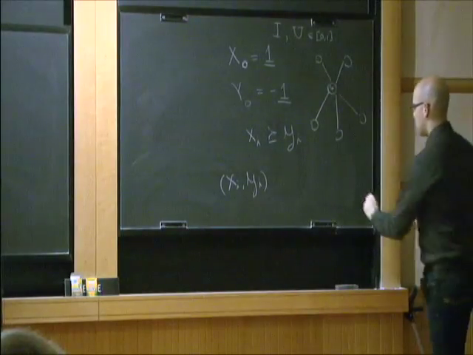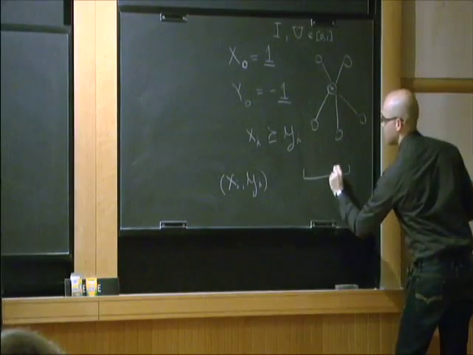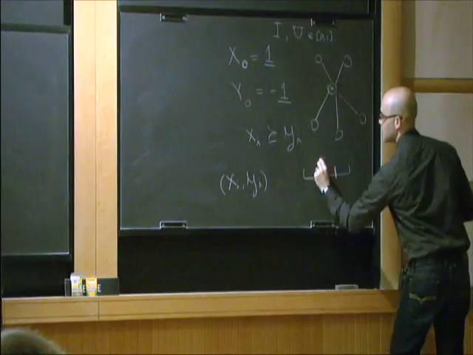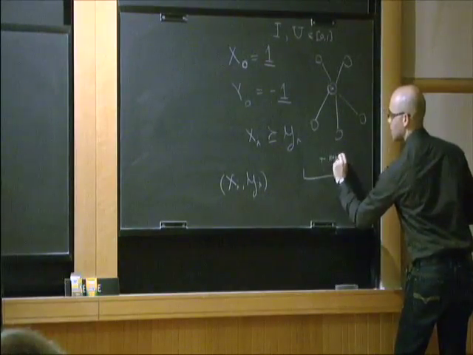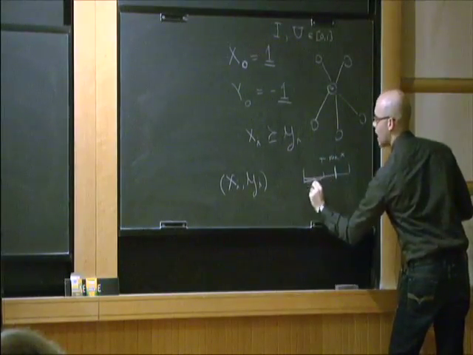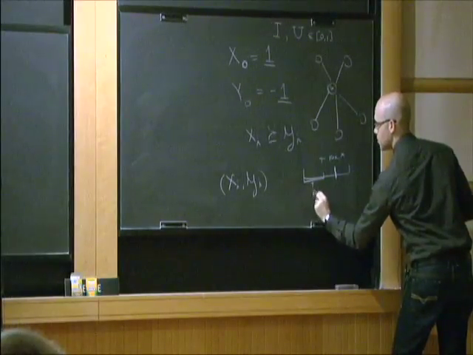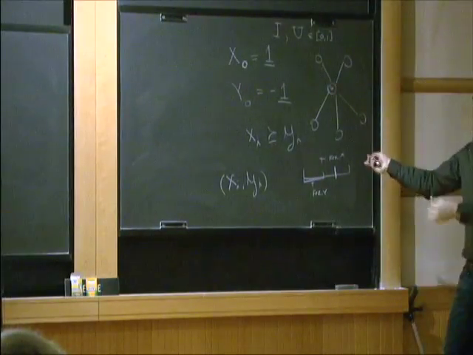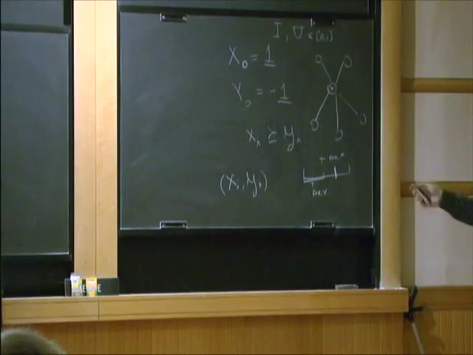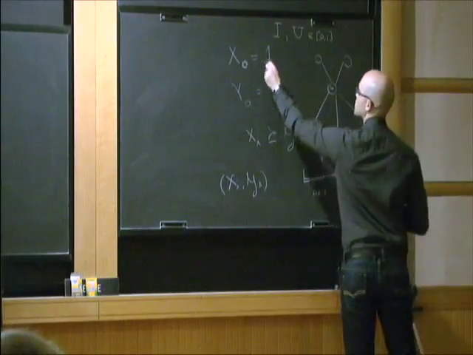So if this is the chance of x writing a plus, and this is the chance of y writing a plus, we can always maintain this coupling and continue. And so x will always be above y, and the marginals are always the same.